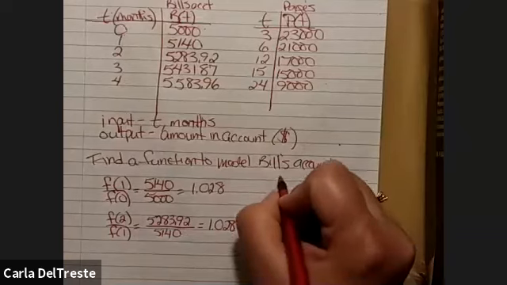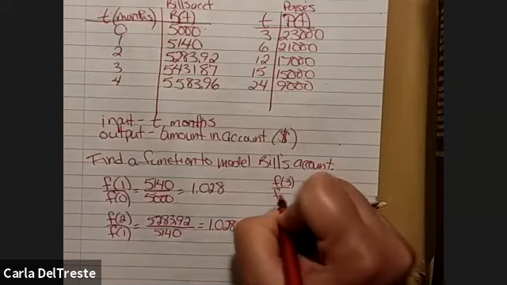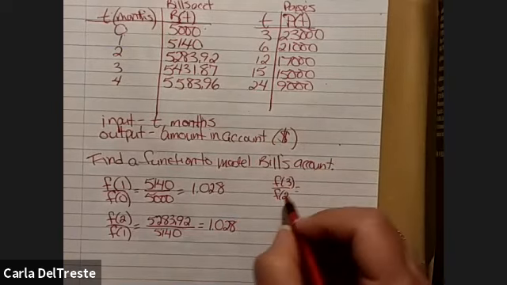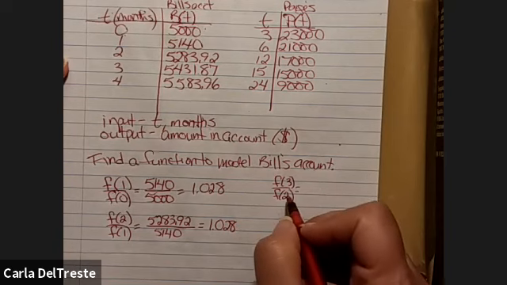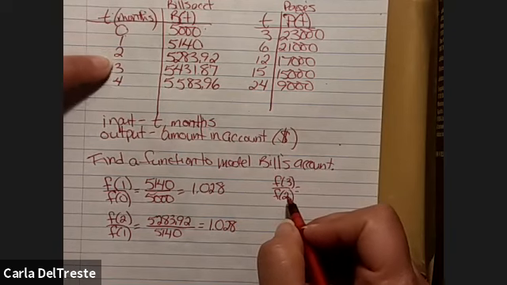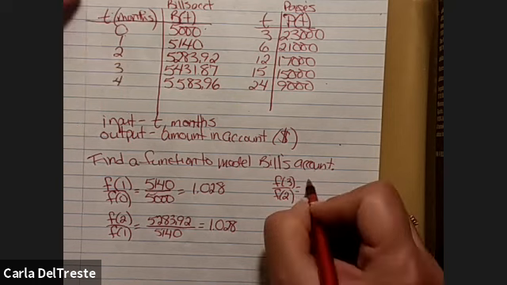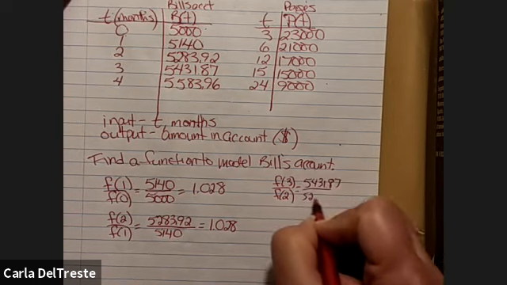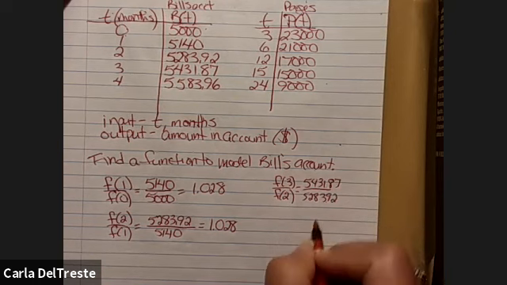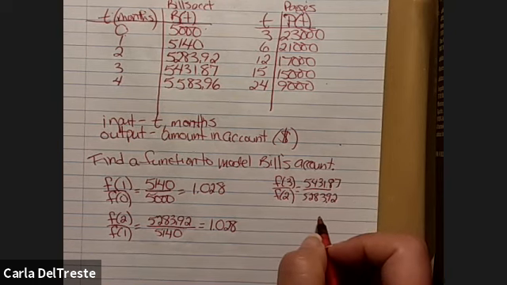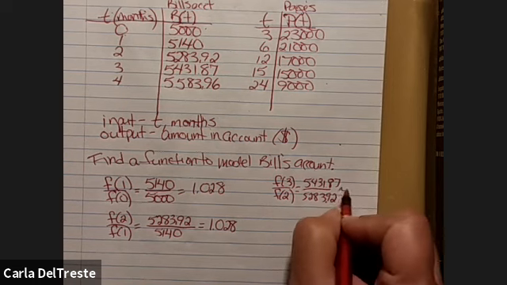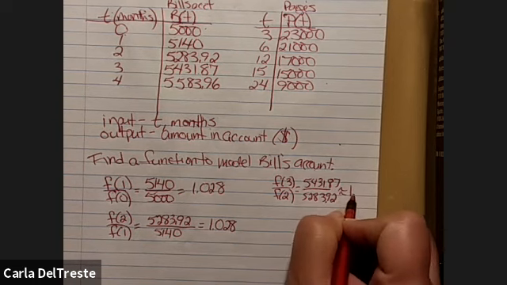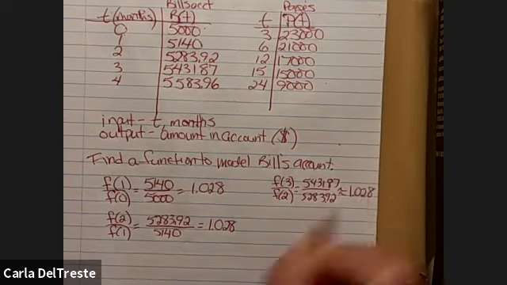And then you're going to do f of 3 divided by f of 2. I don't care if you use this notation, by the way, as long as I know you're dividing consecutive outputs. This is going to be 5,431.87 divided by 5,283.92. Put this directly in your calculator. It's not going to be exact, but it's going to be really, really close.